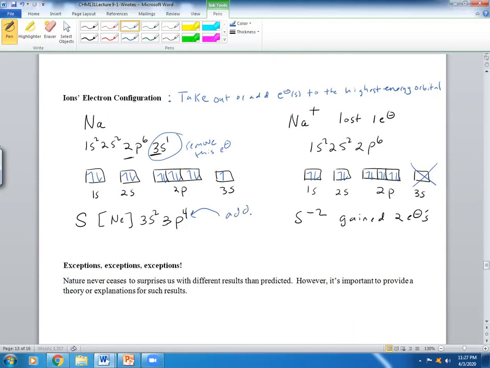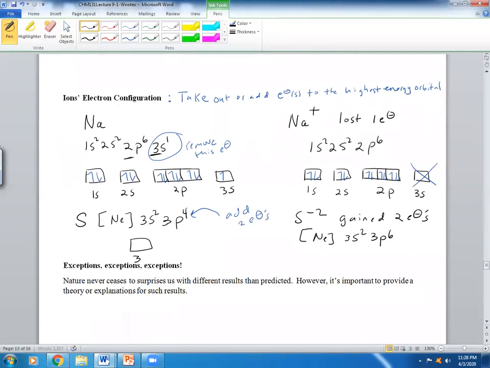So you add the 2 electrons to this 3p, and it's going to be 3s2, 3p6. Very well. I might just fix this. And your orbital would look like this.